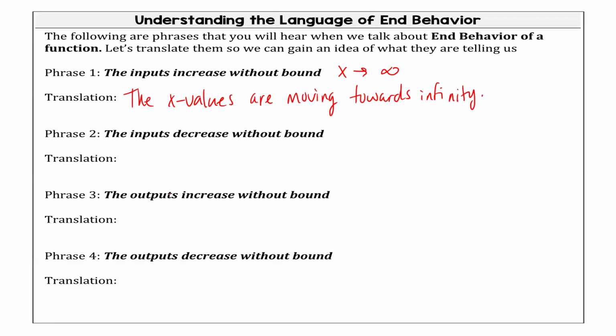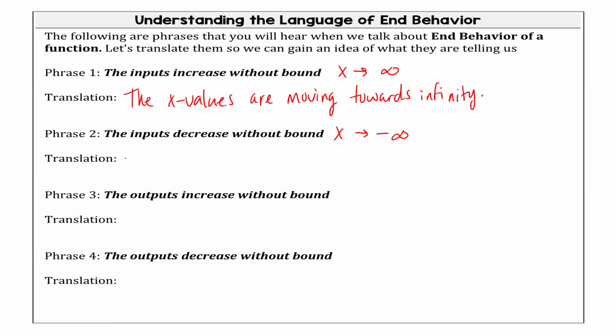Now, if I said the inputs decrease without bound, what does that tell you x is doing? If increasing without bound meant x was going to infinity, what does that mean x is doing now? Going to negative infinity.